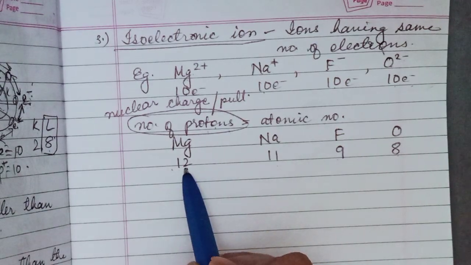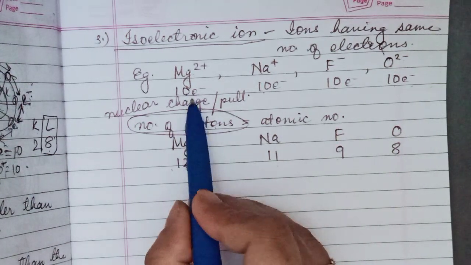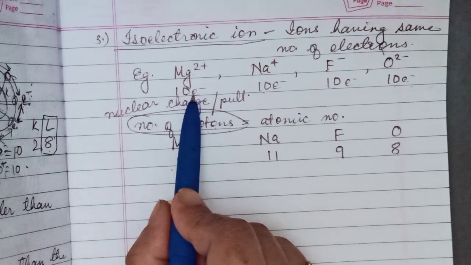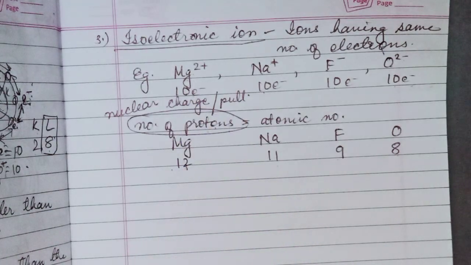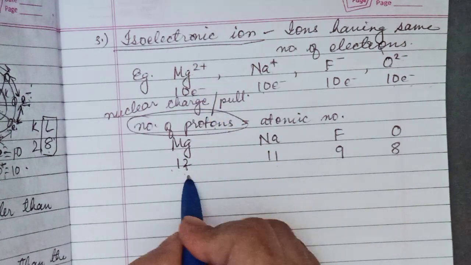Here magnesium will be very small because the number of protons is more, and 12 protons have to attract only 10 electrons, so the size will be smaller.